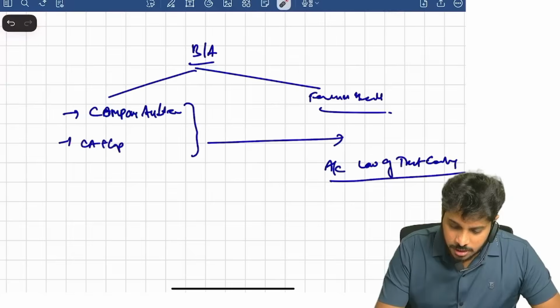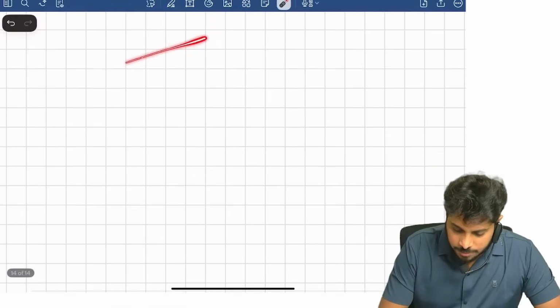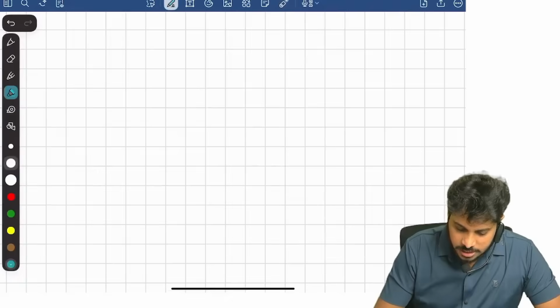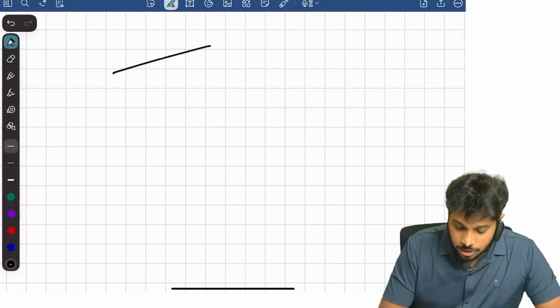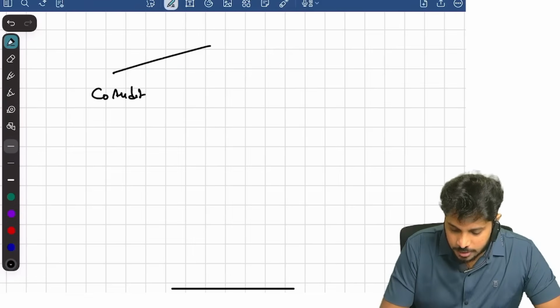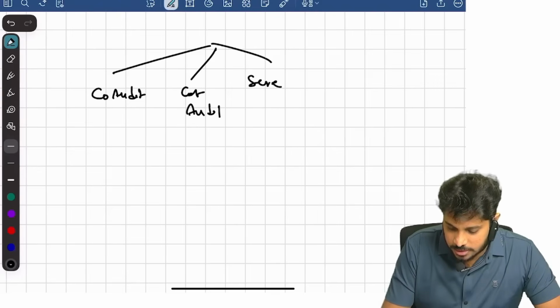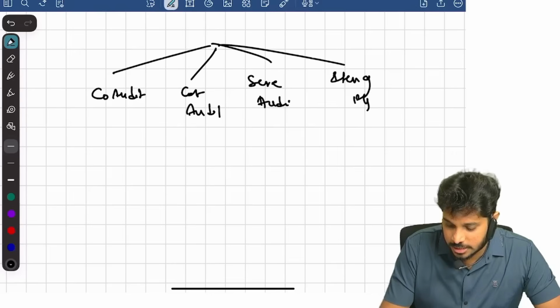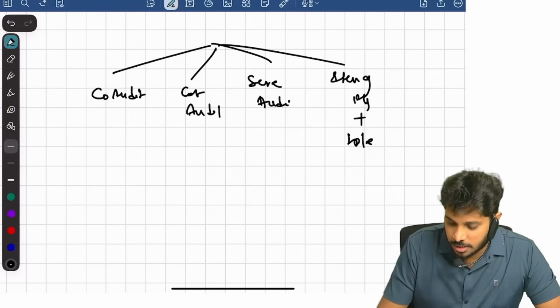And remember, in this chapter, the first topic is dealing with company audit. The second topic is dealing with cost audit. The third topic is dealing with secretarial audit. The fourth topic is dealing with items of financial statements plus audit of some special transactions.